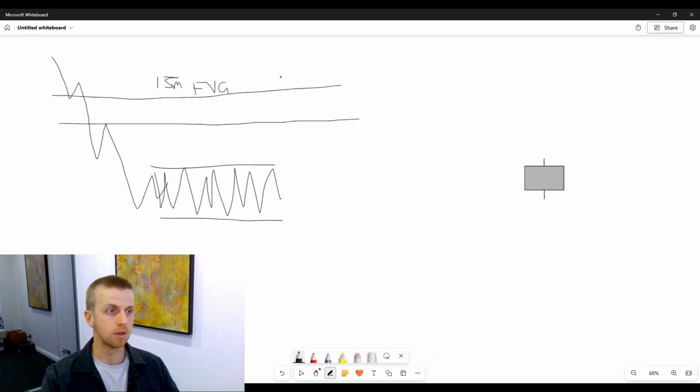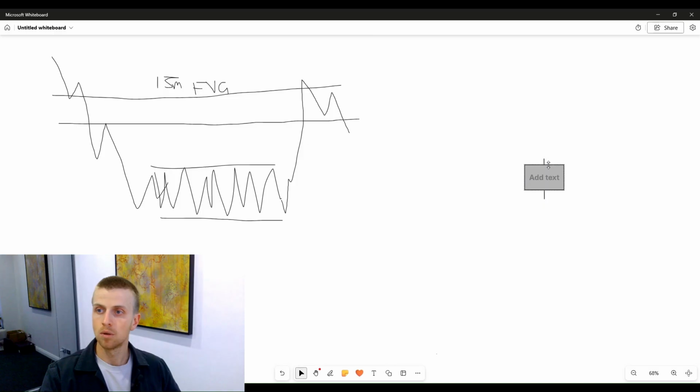So 15-minute fair value gap right there. In this case, price is going to manipulate to the top side, and generally we'll be looking for specific reversal signals within this zone, which will be explained in the next section of the video.